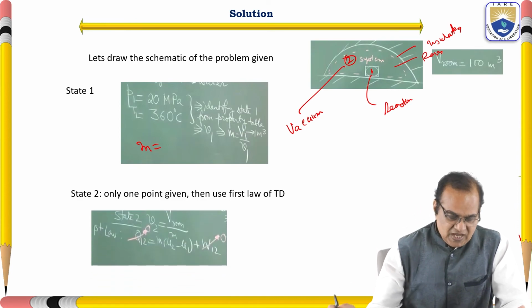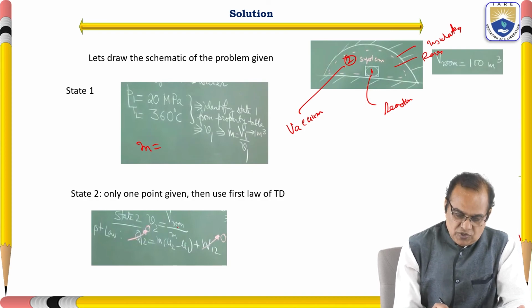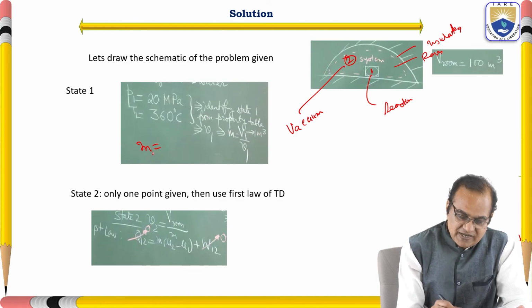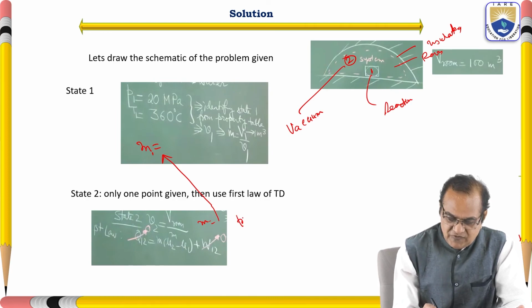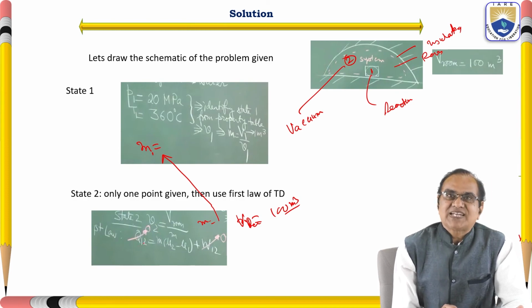We know that v2 is equal to V room by M. M we got from here, and V room is given 100 meter cube. So we can get the v2.